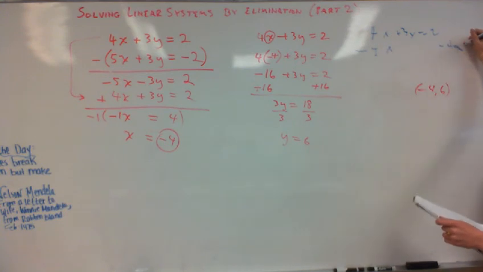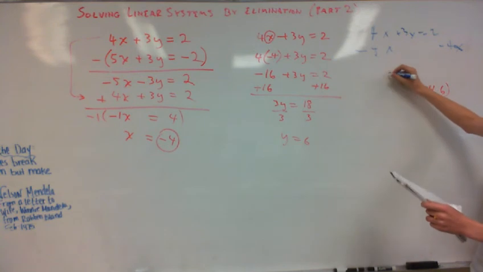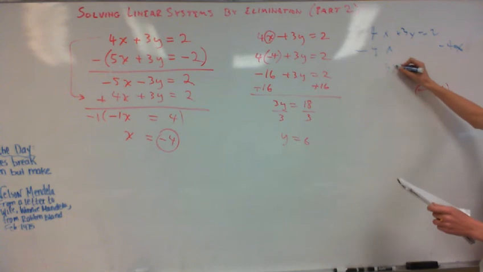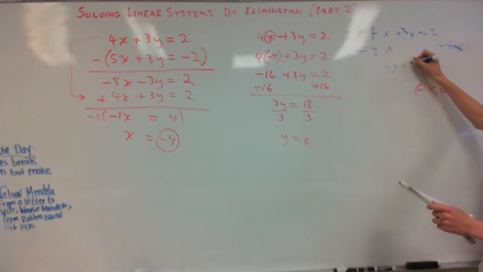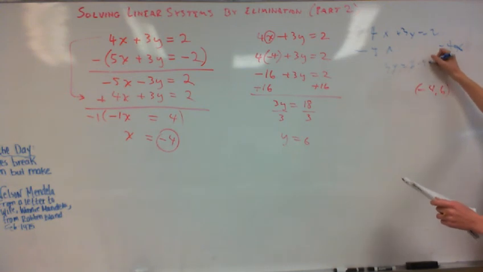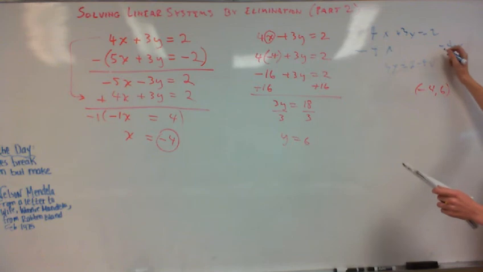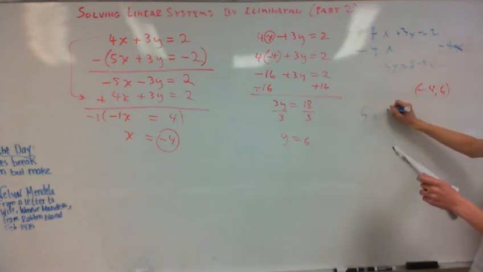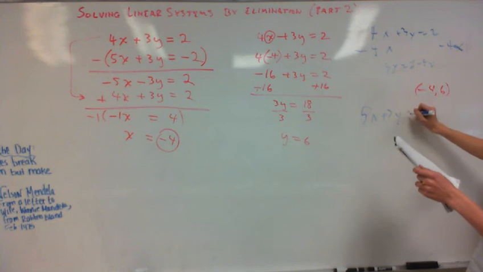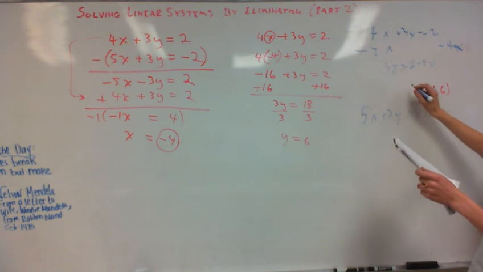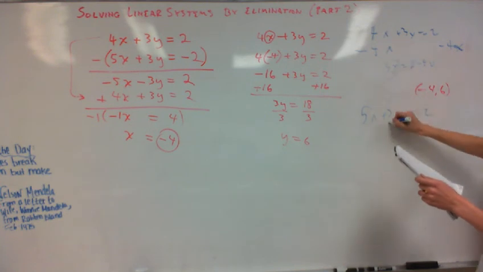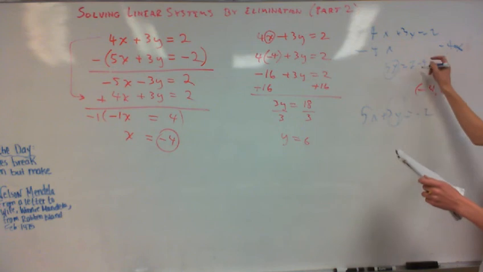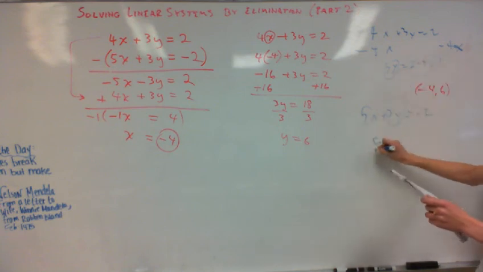Okay, so 3y equals 2 minus 4x, and then another problem, 5x plus 3y equals -2. I switched out this 3y for this right here, so 5x.